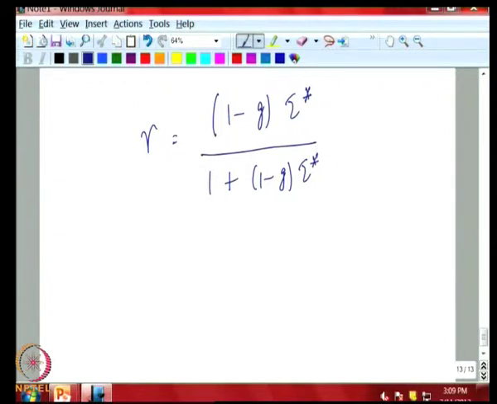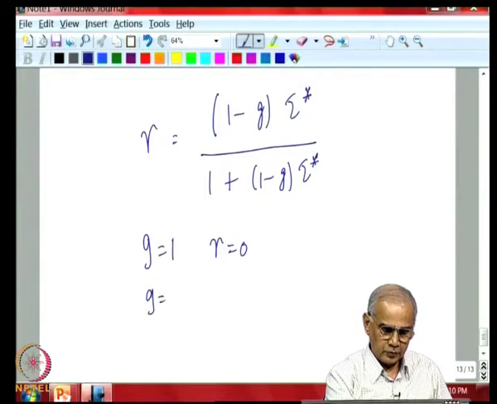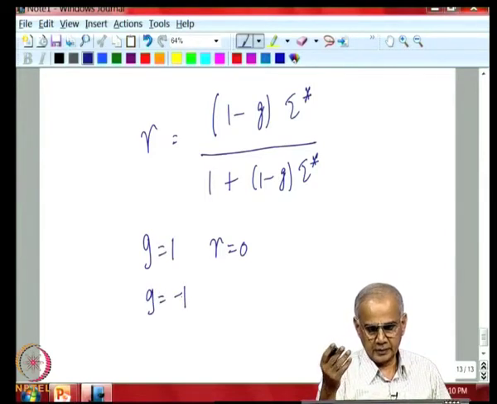So, this is a very simple result, and you can see again that if G equals 1, if everything is scattered in the forward direction, R has to be 0. This is understood from the definition of G, and if G equals minus 1, everything is back scattered, that becomes 2, this becomes 2.